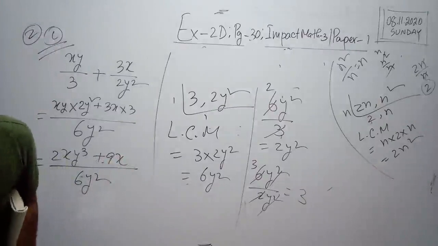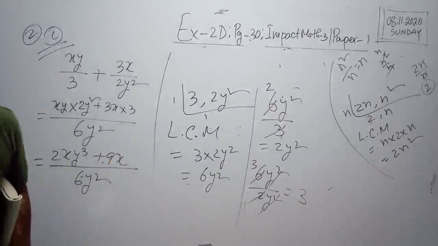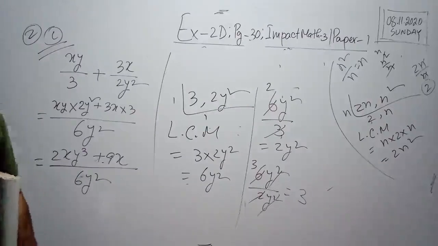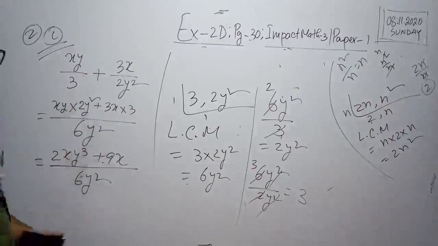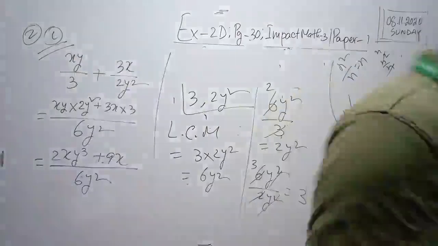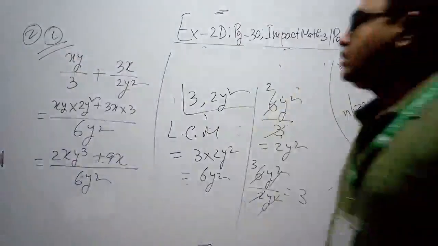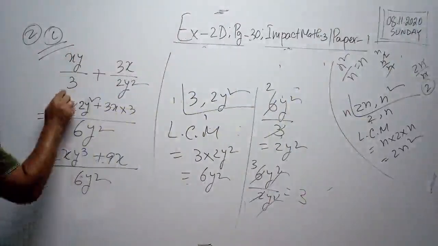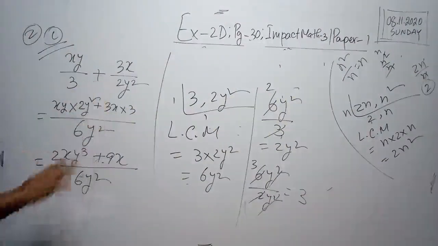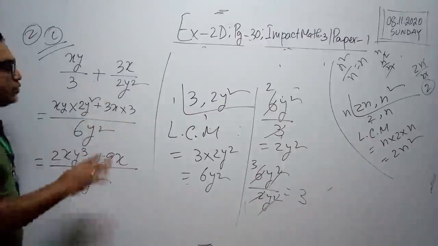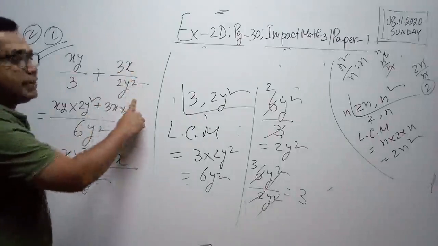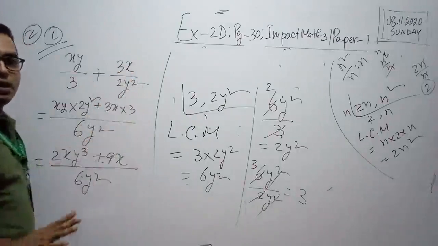I didn't understand about B. Look at the solution, number 2C. The method is the same. Only the maths are different. Here xy divided by 3 plus 3x divided by 2y square.